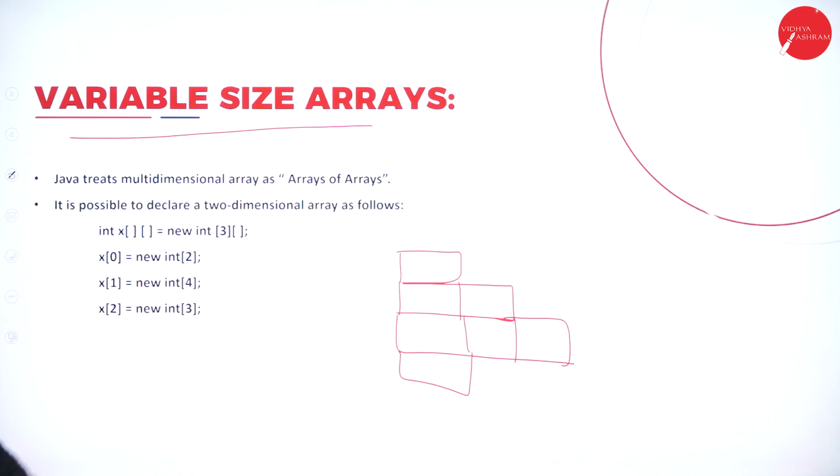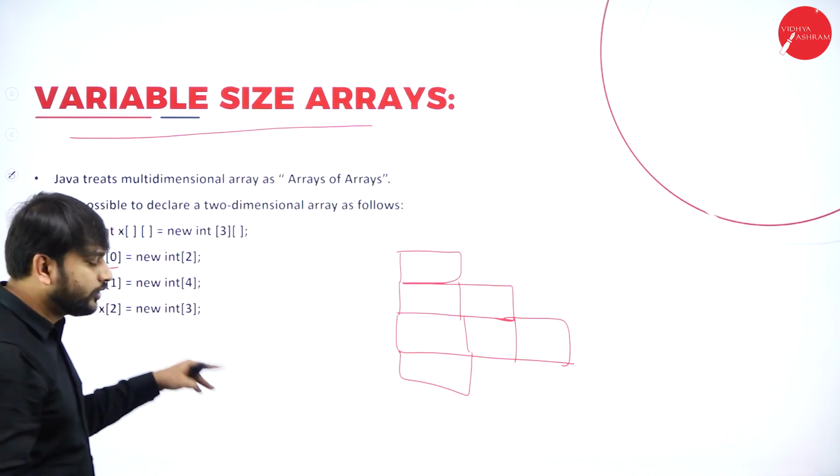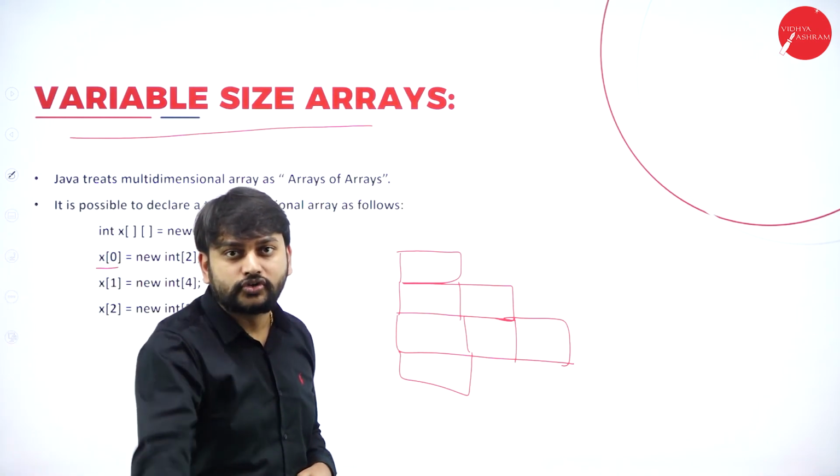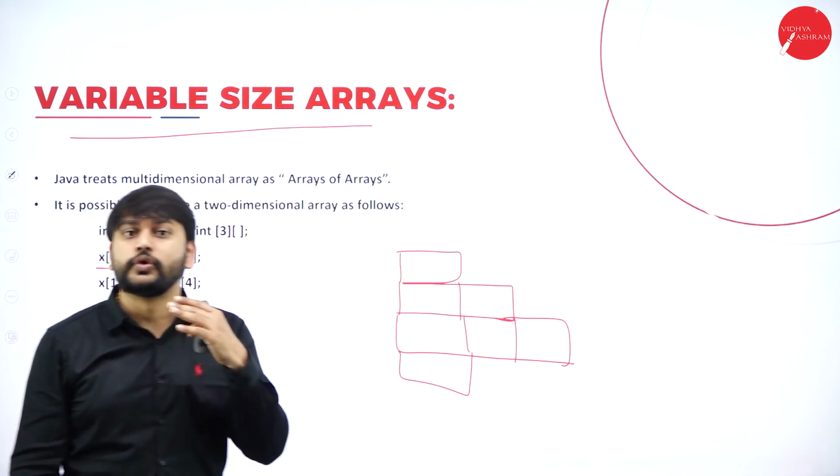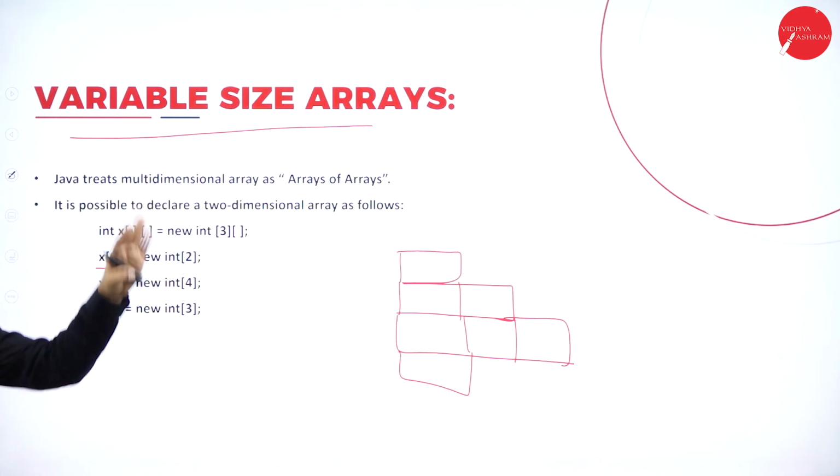Please observe. x[0], what is the meaning of x[0]? In x[0], the first location, you will have 2. x[1] will have 4. In x[2], that is the third row, you'll have 3. This is what you need to remember with respect to the variable size array.